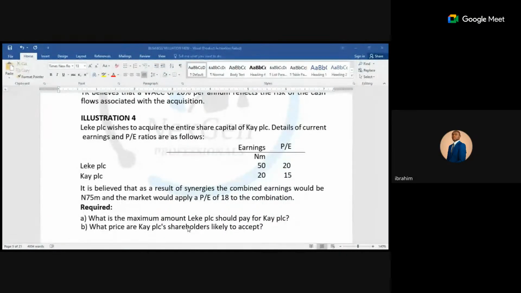However, when you want to merge with company B, you must have the reason. There must be a reason why you want to merge with Kudus. And I mentioned some of the reasons in our previous class, that you will need to carry out evaluation when you want to merge or acquire a business.